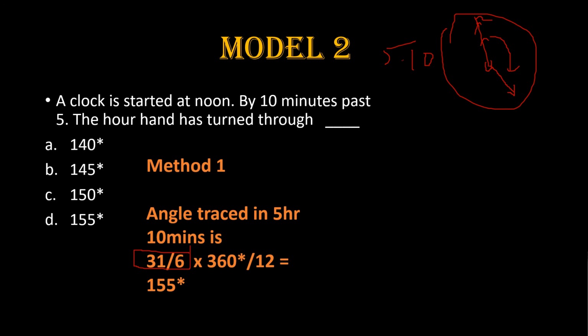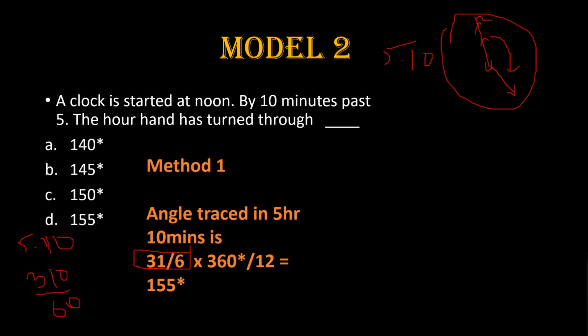They just converted the 5 hours 10 minutes into minutes. So 5 hours will be 300 minutes, plus 10 minutes, in total you get 310 minutes. So 310 minutes divided by 60 minutes. Why? Because 1 hour is equal to 60 minutes.